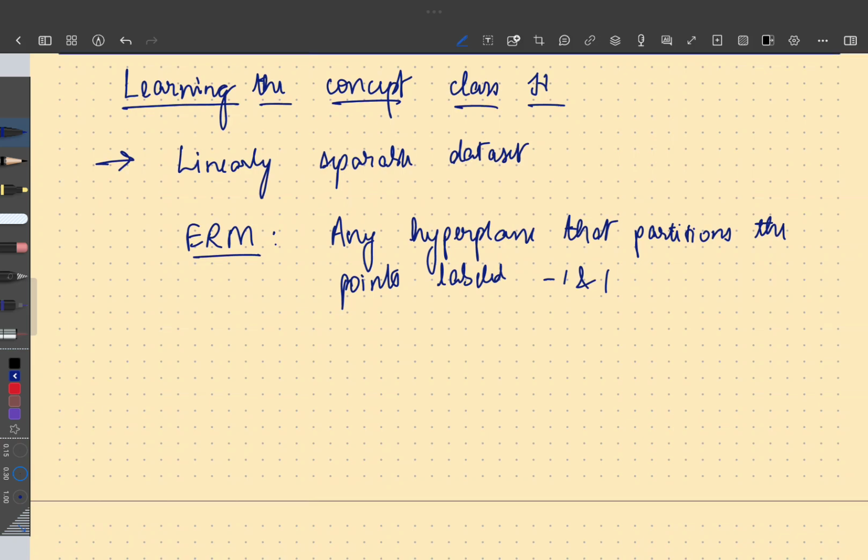So one such efficient way is to pose this optimization problem in a nice form. So what does this correspond to?